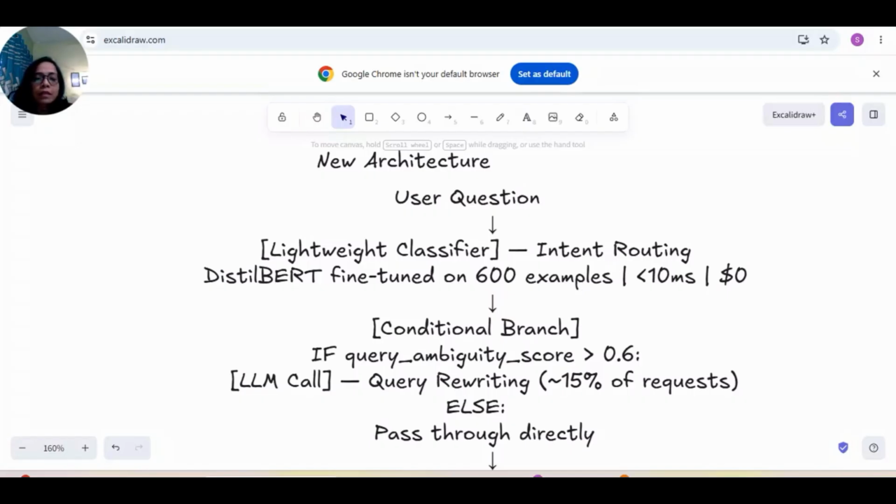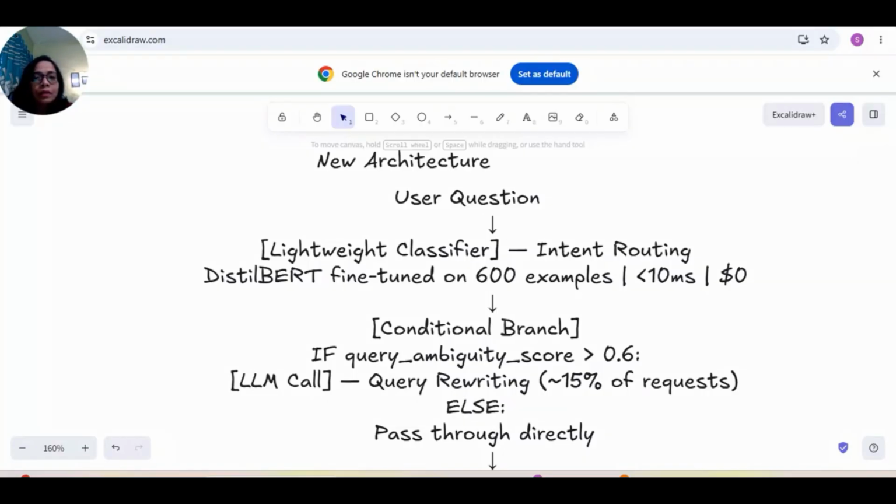Now this is the new architecture, the redesigned architecture, and here the stages are all the same, but in each step where before an LLM was deployed, now we have deployed alternate components.